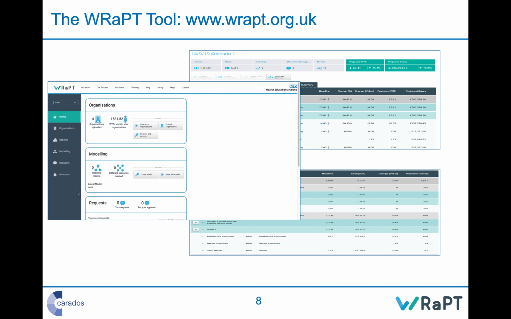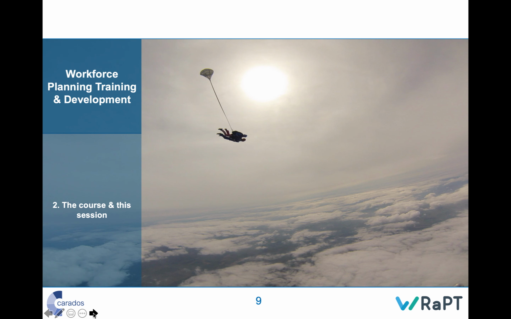It is funded for anyone in health and care in England and other parts of the UK. I am sure if you want to use it abroad, get in touch via the website and we can discuss how to make it available. Fairly simple calculator, but with some really good complex calculations going on in the background. So that's the key bits, the training and the tool that are going to be available.